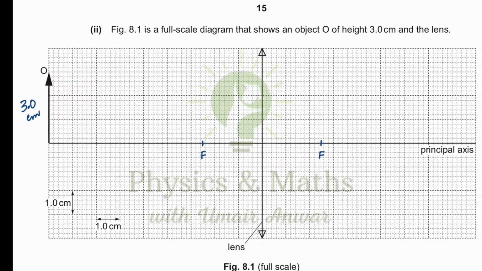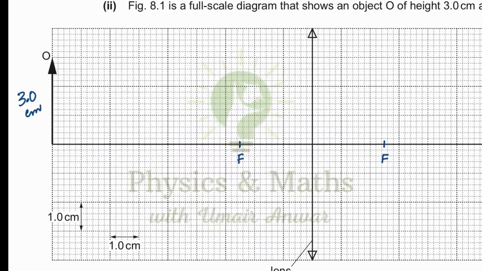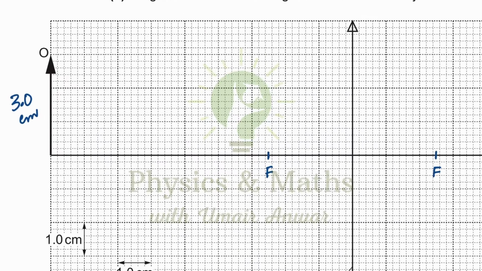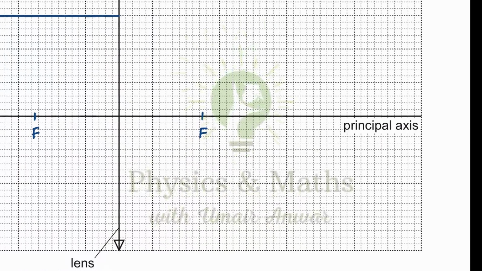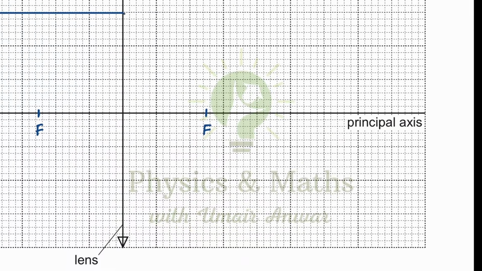Now for the formation of image, we can use any of the 3 rays. I'm using the first ray, which goes parallel to the principal axis till the lens, and after passing through the lens, it goes through the principal focus.